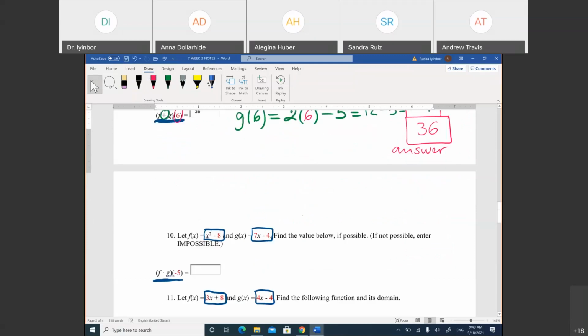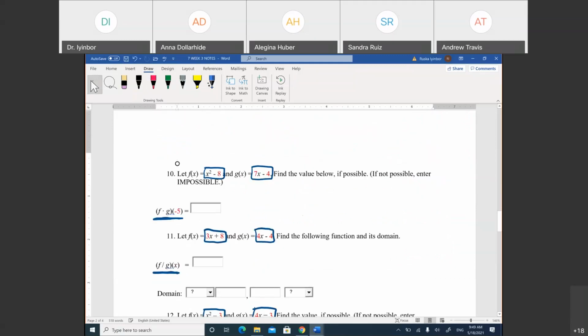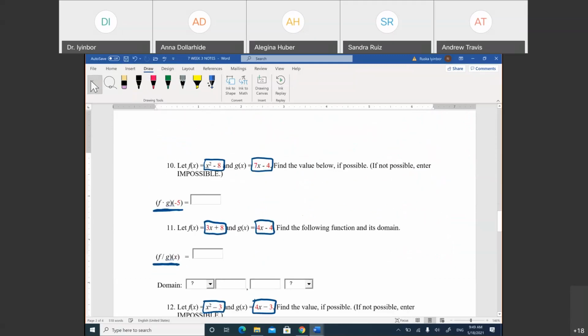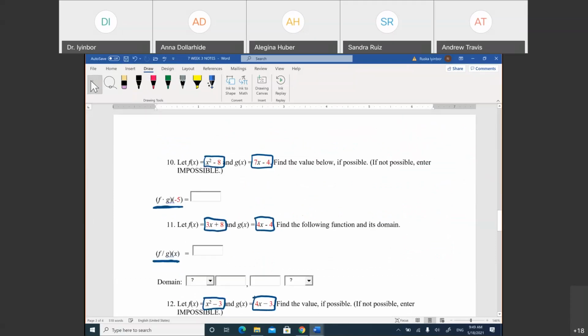Okay, let's do some more. Number 10. Let's just move it a little up. So number 10, what we have? What you need to do? We need to do f times g of negative 5, right? So I have to plug in negative 5. I'm going to do f of negative 5 first, and then g of negative 5.